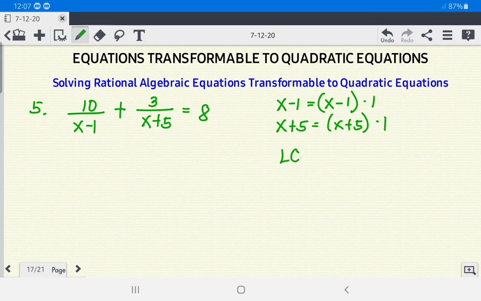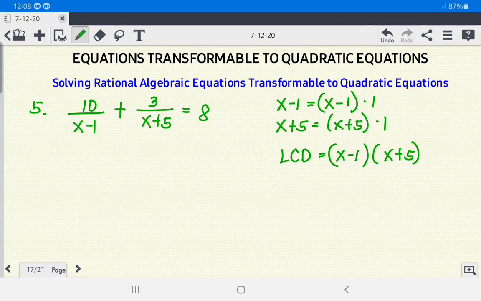So LCD would be x minus 1 and then x plus 5 times 1. Okay? So that's it. That's the LCD in factored form. You can get the product of this, but then it is easy for us to multiply this in factored form to the given equation.